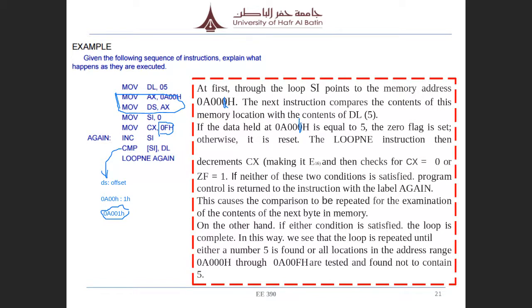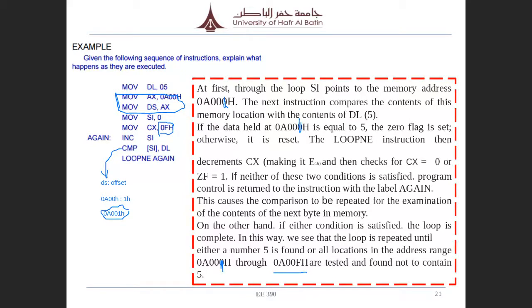In this way, we see that the loop is repeated until either a number 5 is found or all the locations in the address range from 0A001 are tested and found not to contain 5. Sorry, it should be 1 to 15. So 15 means 1 to F, 000F.